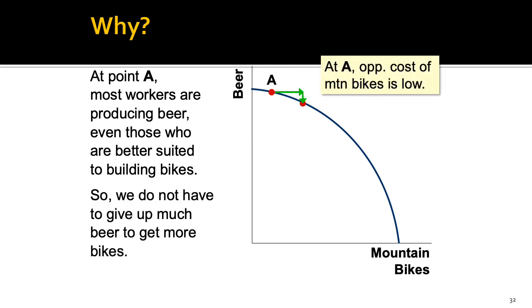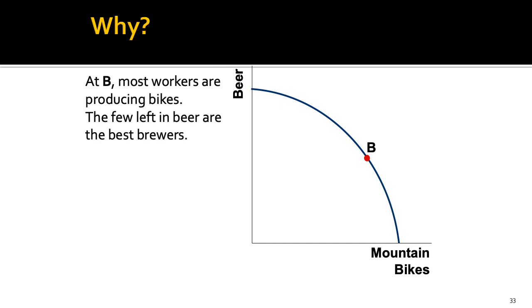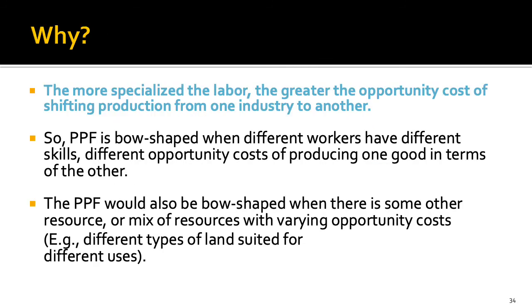So we don't give up so much beer in order to get more bikes. So the opportunity cost is very little. If we go to a point like B, in order to produce more mountain bikes, some of the best brewers will be leaving and we'll be giving up a lot more beer. So this is what we call increasing opportunity cost.